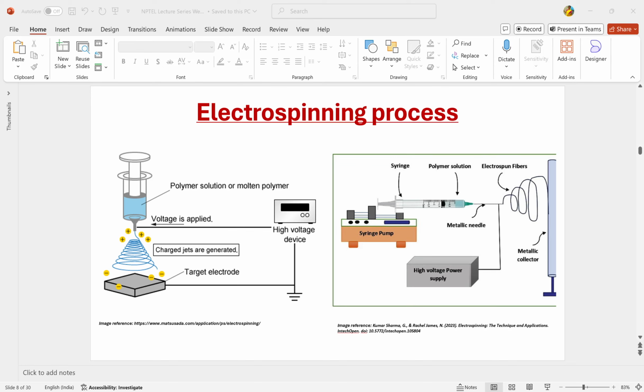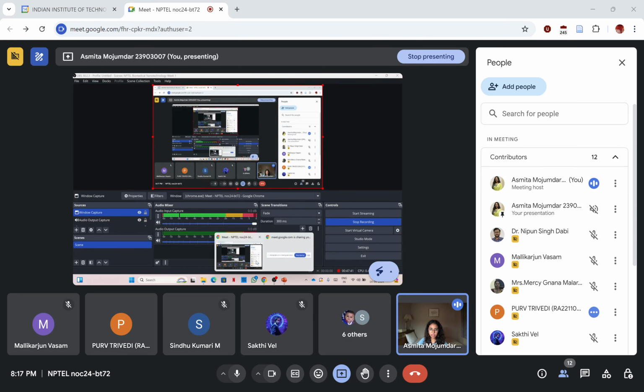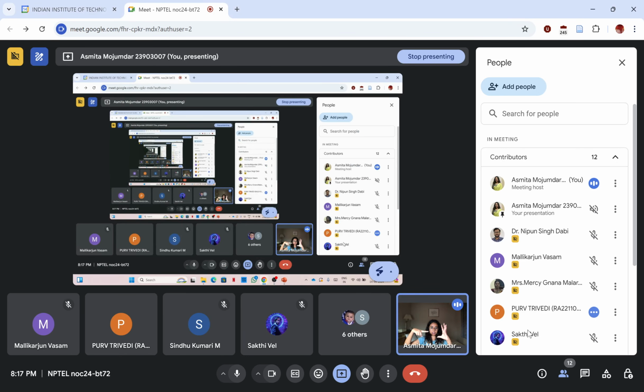So this is your needle and this is your collector. It will go straight and collect here. Very little is spilled on the outsides. Obviously there is some spillage, but very little.